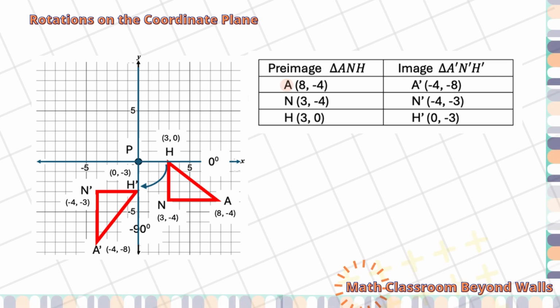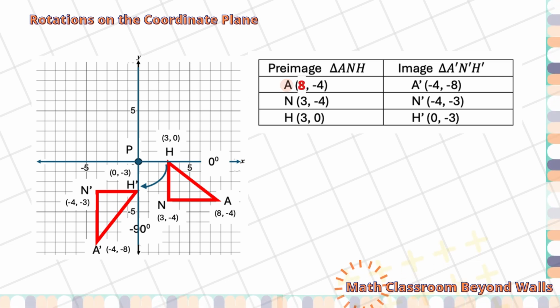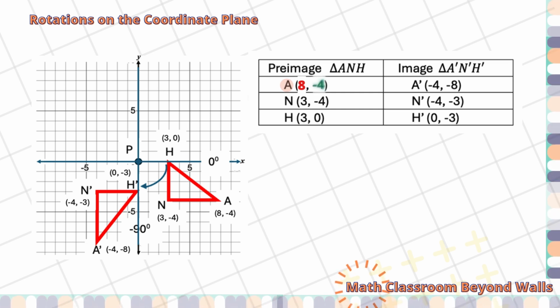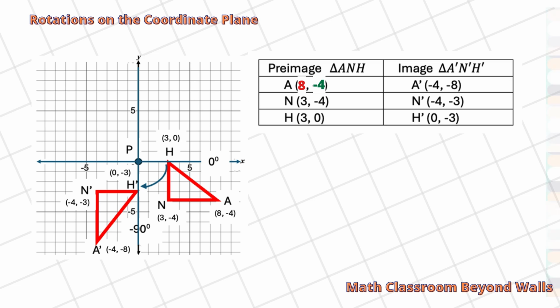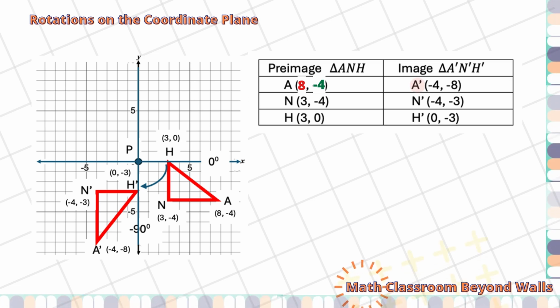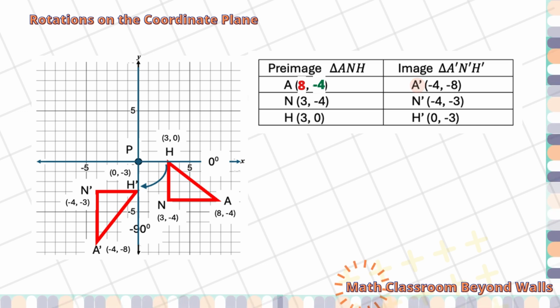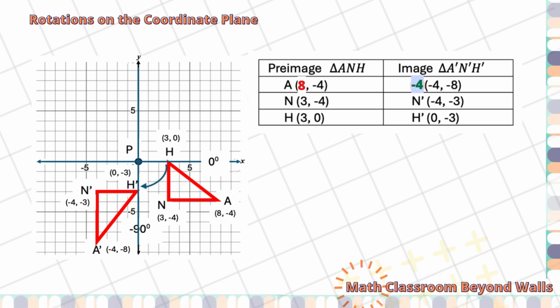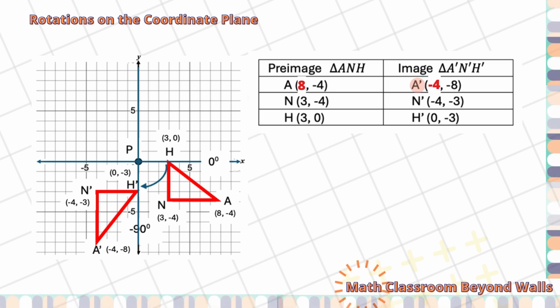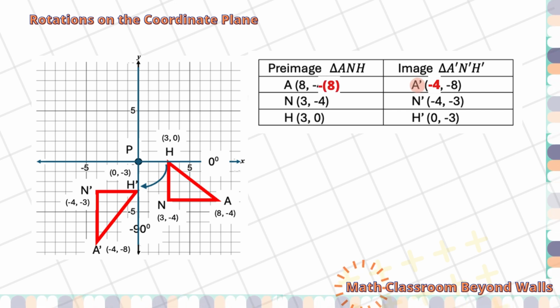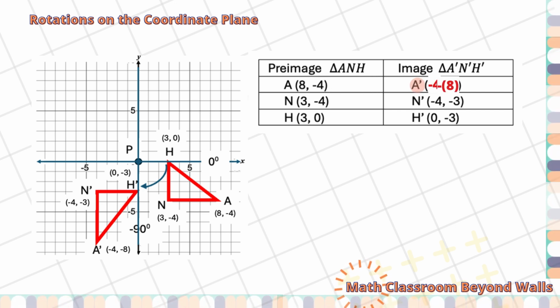On A, the x-coordinate is 8, whereas the y-coordinate is -4. Look at the coordinates of A prime this time, learners. Here, the coordinate of x is the y on the preimage, whereas the coordinate of y on A prime is the negative of x on the preimage.